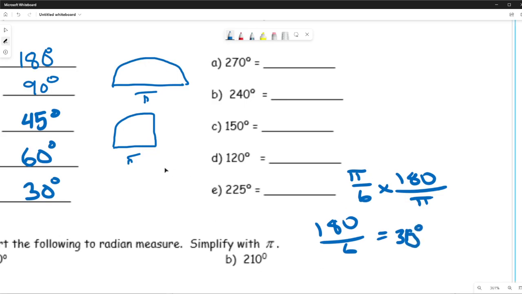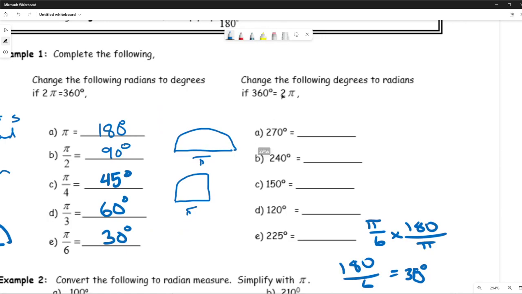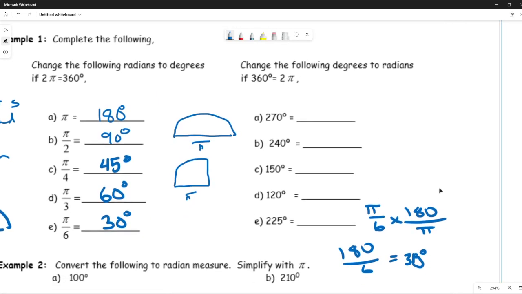Now, going the other way, it says change the following to radians, 270. 270 is fine. According to our strategy, we're supposed to multiply it by pi and divide by 180. What am I actually doing here?